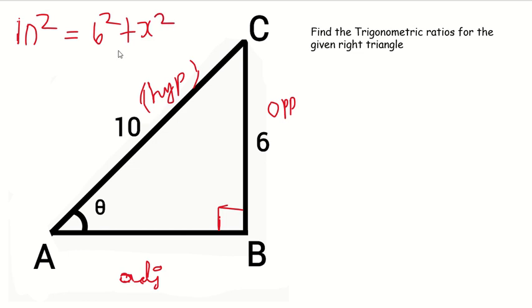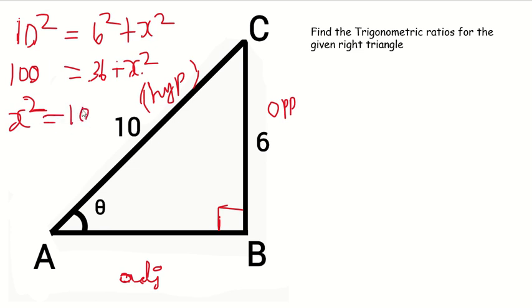So what is that adjacent side? I don't know. So 100 equals 36 plus x squared. So x squared is how much now? X squared equals 100 minus 36.